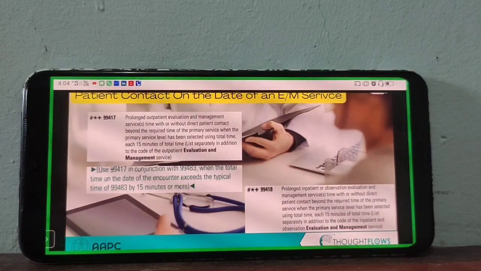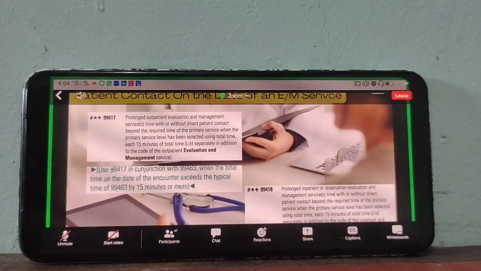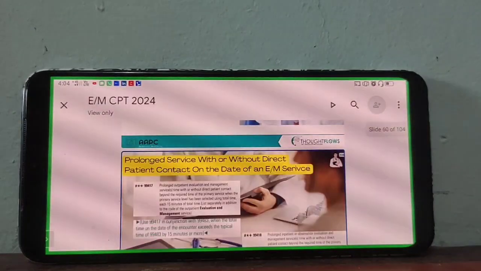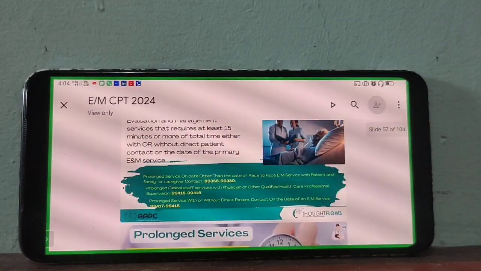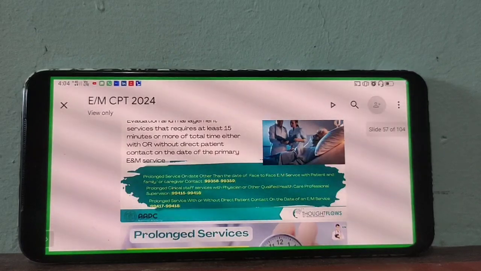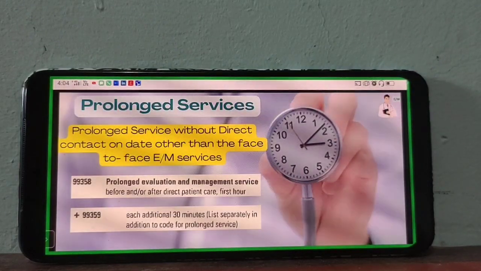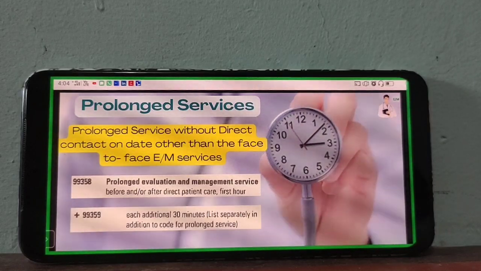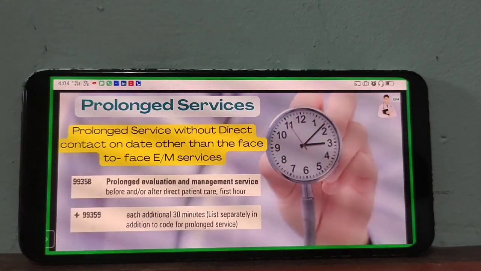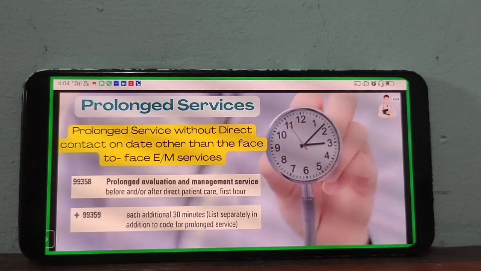Then the previous code section or this one: prolonged service without direct contact on a date other than the face-to-face E/M service. See the code description, 99358: prolonged evaluation and management service before and/or after direct patient contact.